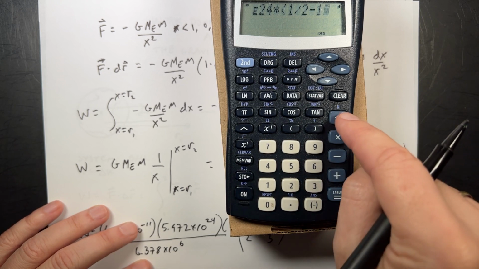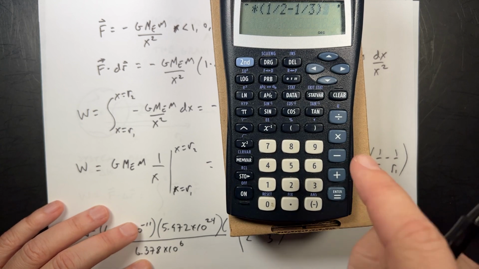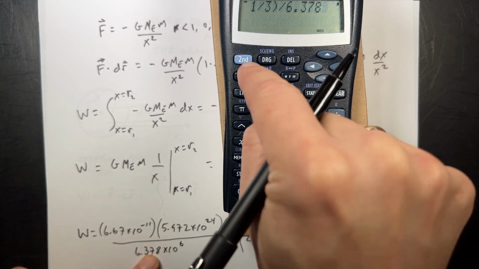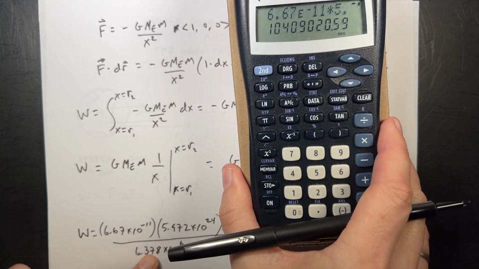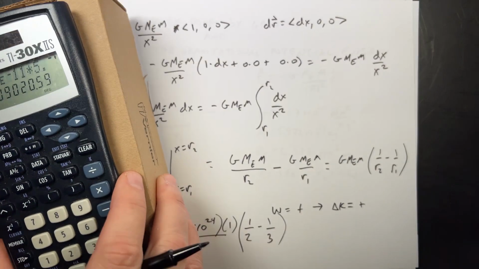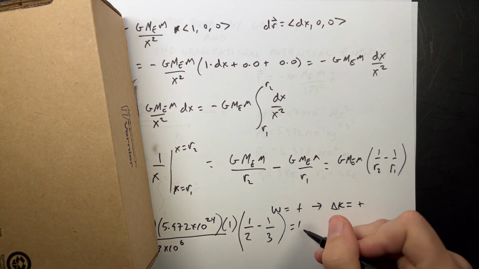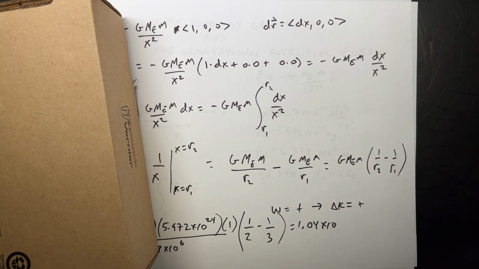And all of that divided by 6.378 times 10 to the 6th equals. And I get 1.04 times 10 to the 7 joules.